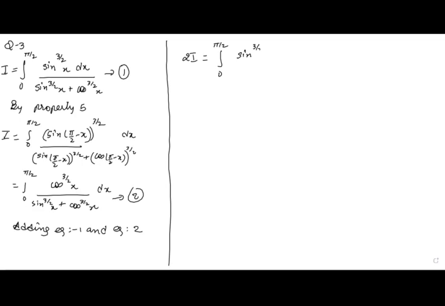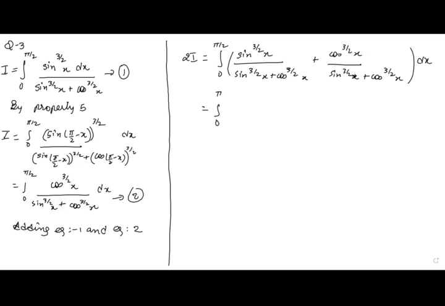Sin raised to 3 by 2 x upon sin raised to 3 by 2 x plus cos raised to 3 by 2 x, plus cos raised to 3 by 2 x upon sin raised to 3 by 2 x plus cos raised to 3 by 2 x, whole dx. As their denominator is the same, I can take the LCM of sin raised to 3 by 2 x plus cos raised to 3 by 2 x.